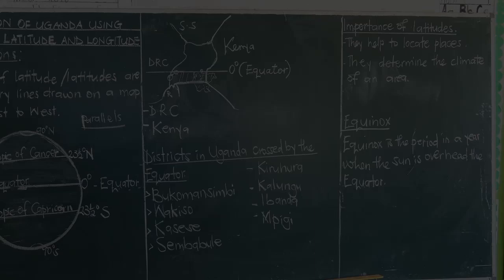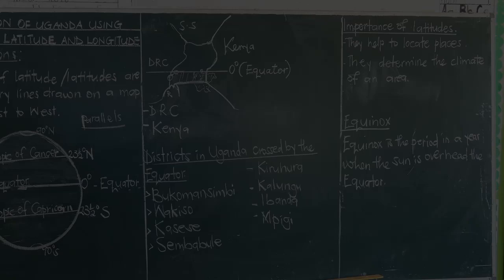Remember, when we move to this side of the Greenwich, we are moving eastwards; when we move to the other side, we are moving westwards, meaning every degree this way is numbered west and this side every degree is numbered east.